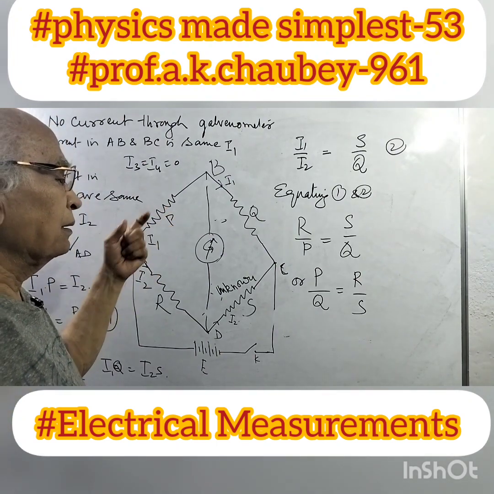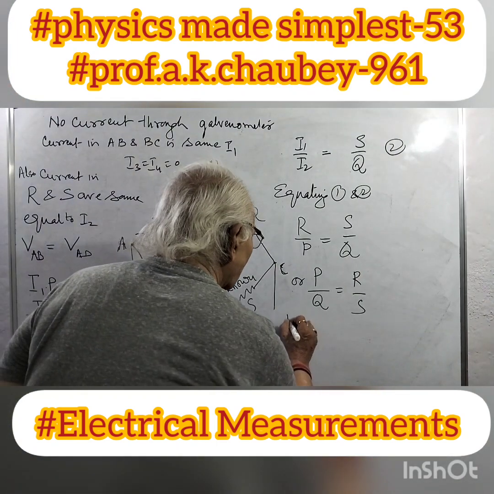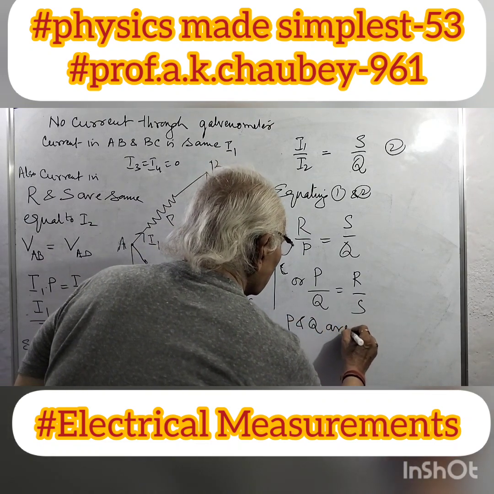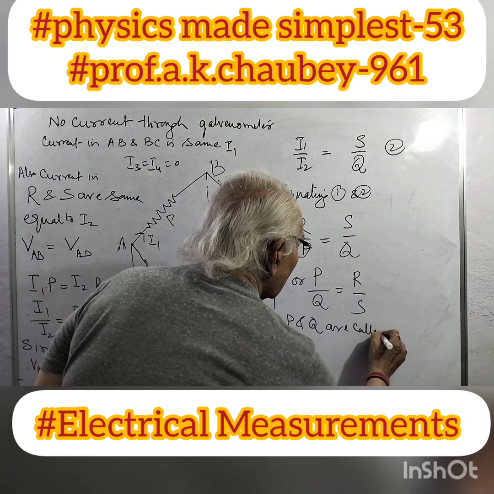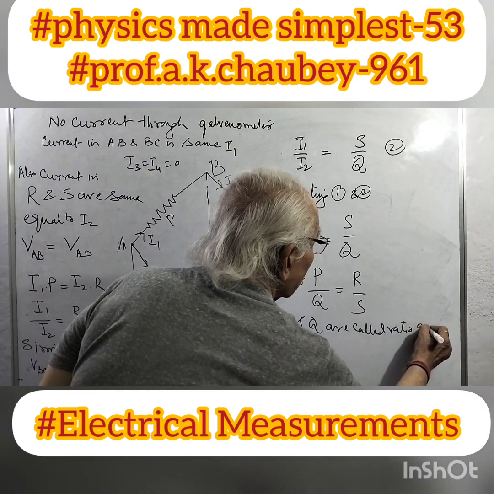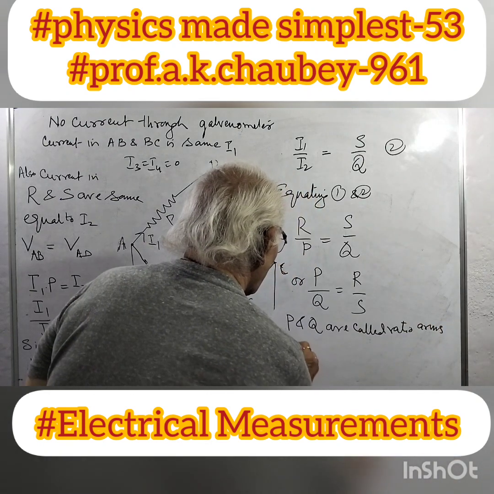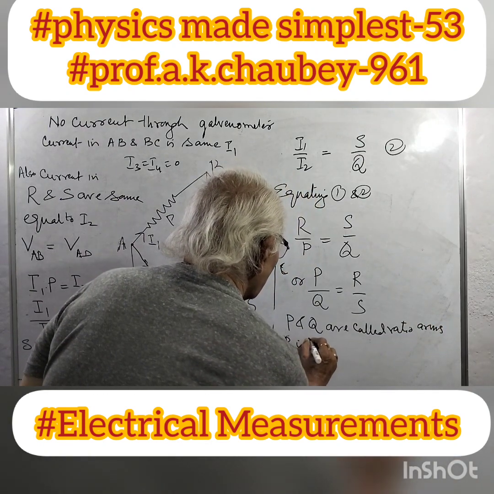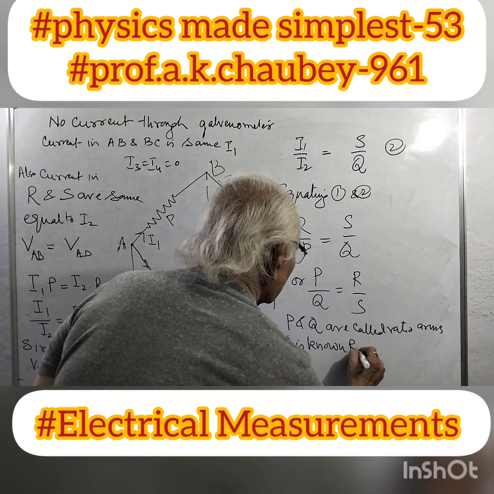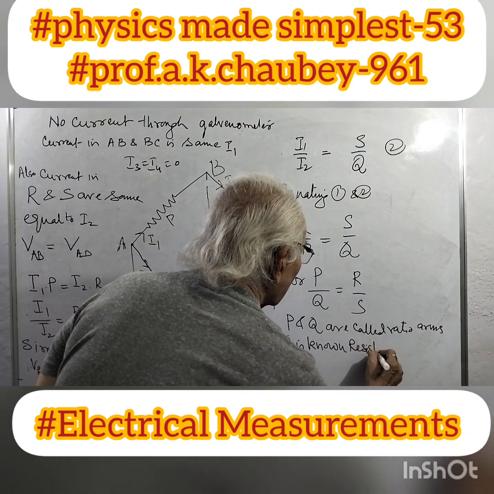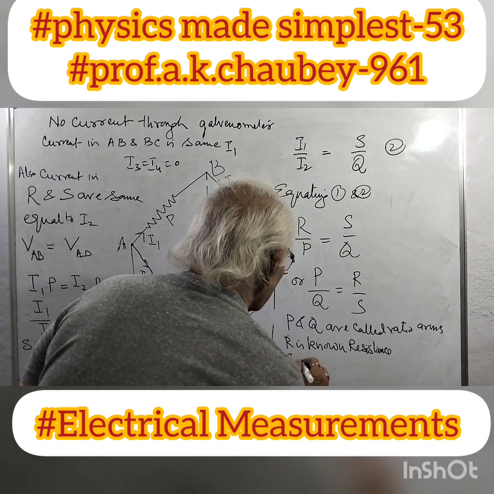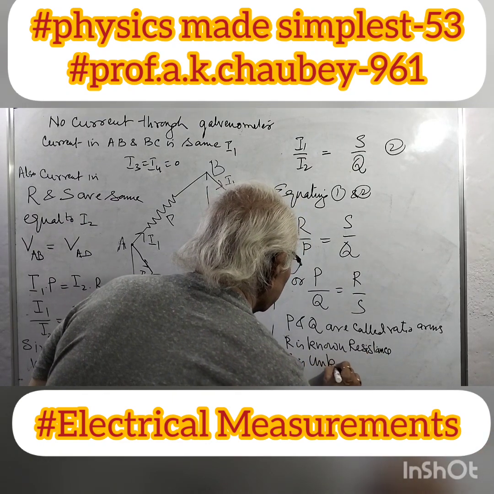P and Q are called ratio arms. R is known resistance, S is unknown.